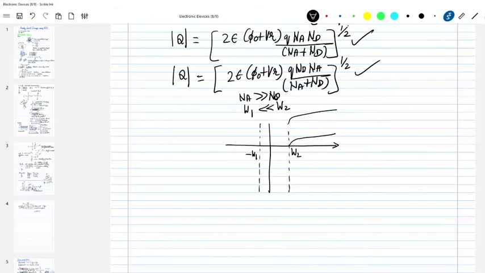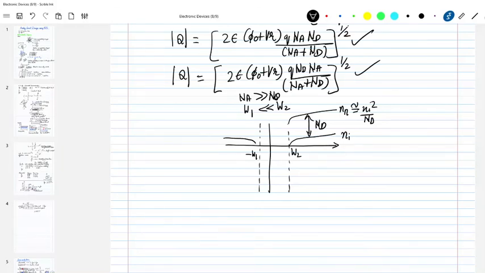Over here, this is the n side, so nn is approximately Nd, and pn is approximately ni squared over Nd. And this gap is the doping Nd, and at the depletion region you are going to have this as 0.